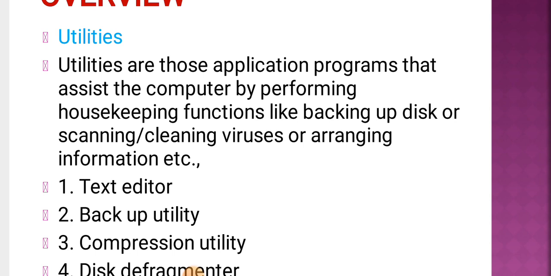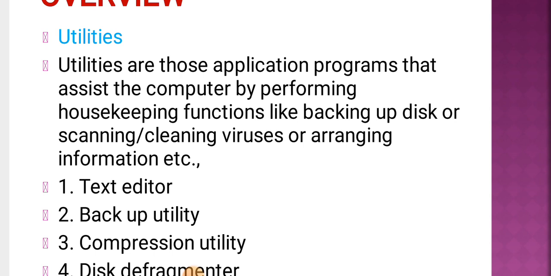So utility is used for computer wellness. What kind of housekeeping functions? We can take the backup, which we do on a daily basis, or we can go for scanning and cleaning the virus. Like this, we are using some applications. That kind of software is known as utilities.